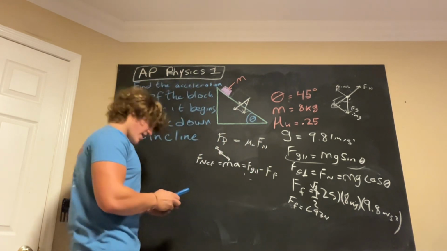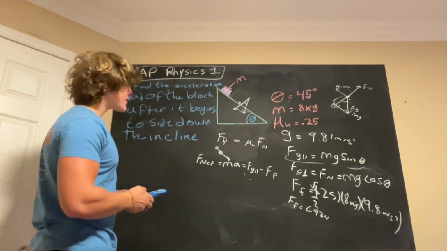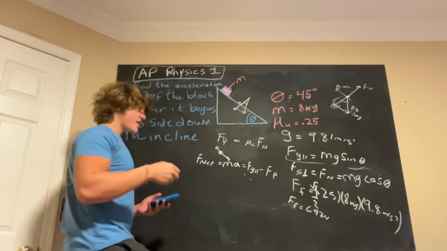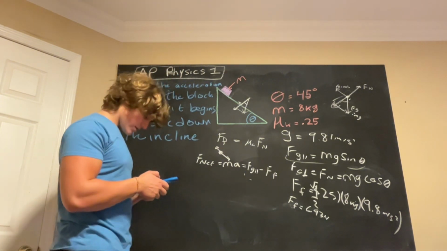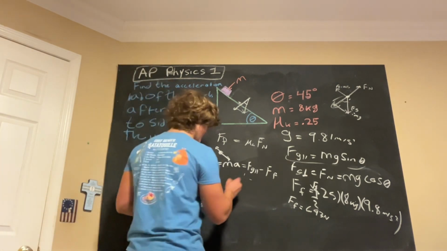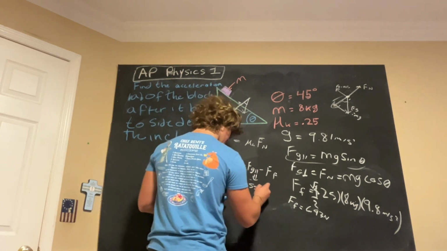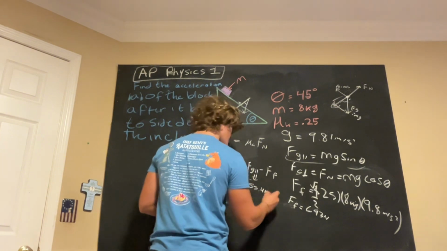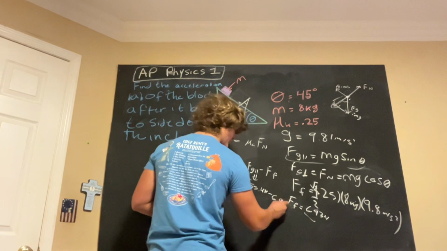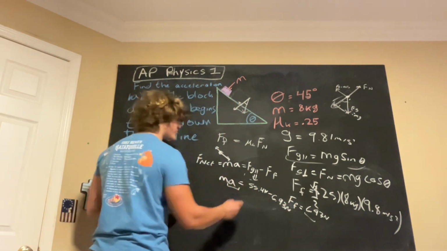So this is 8 times 9.8 times sine of theta, which is the square root of 2 divided by 2. So our answer is 55.4 newtons. So this is 55.4 minus our force of friction, which is 6.93 newtons, is equal to the mass of the object times our acceleration, which is what we were looking for.